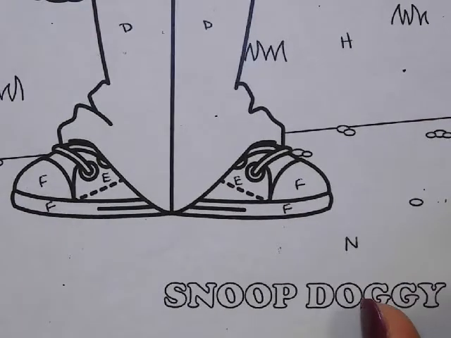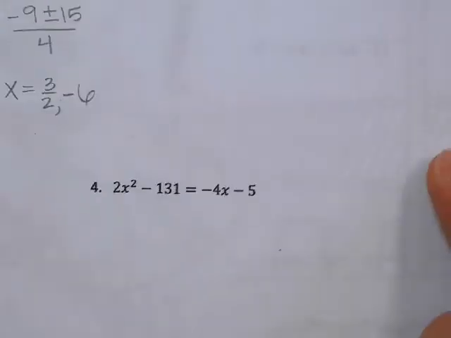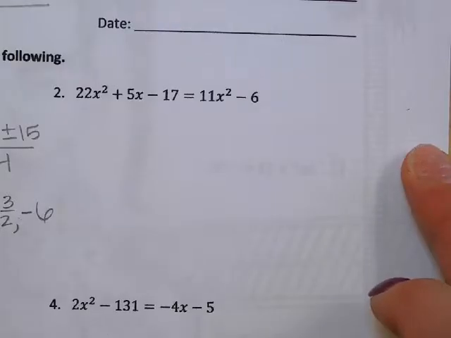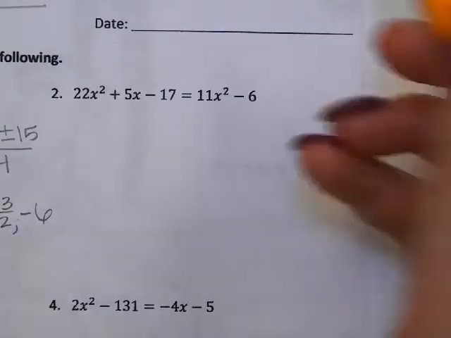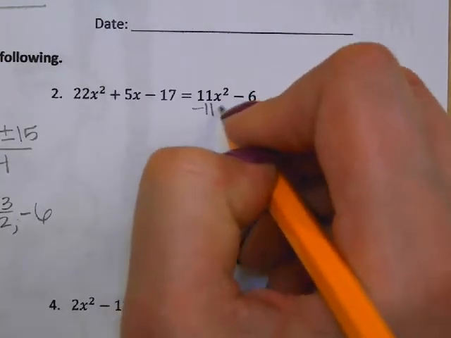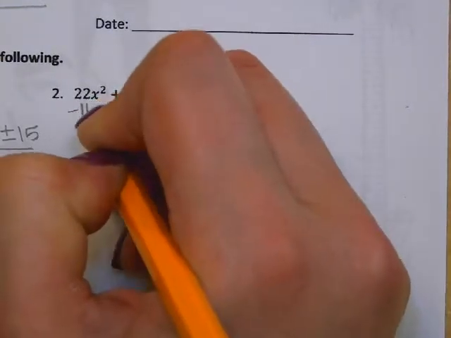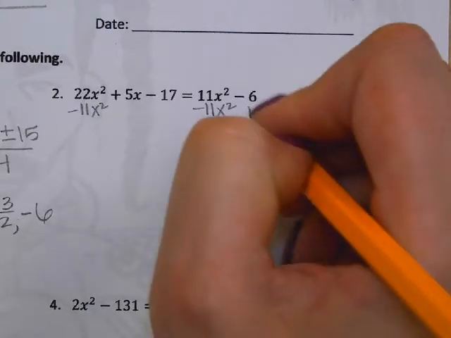All right, let's go ahead and do the next one, number 2. All right, what should I do first? Make it equal 0, so I'm going to minus 11x squared and add 6.